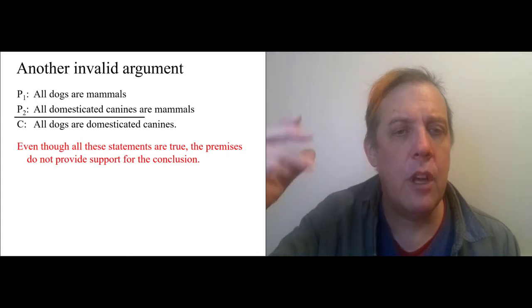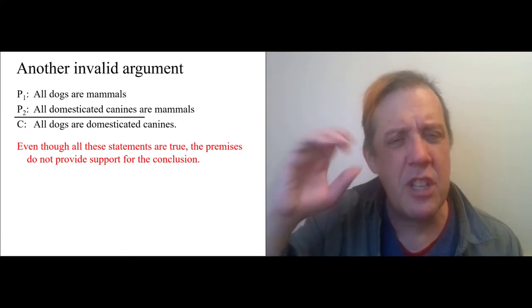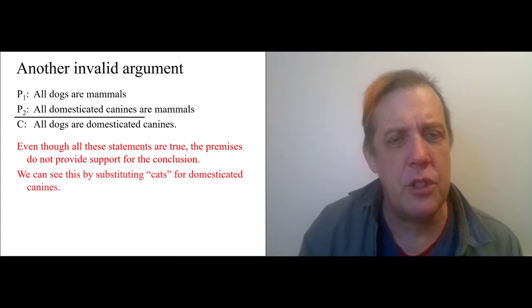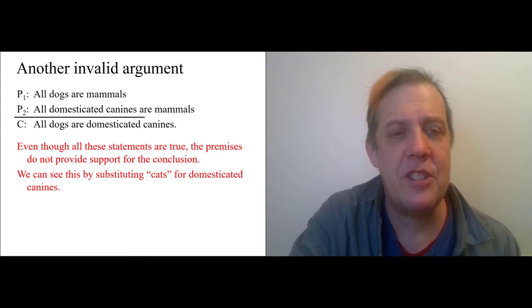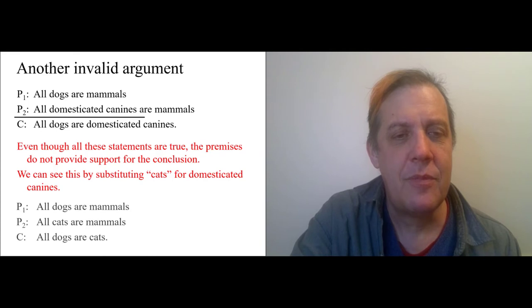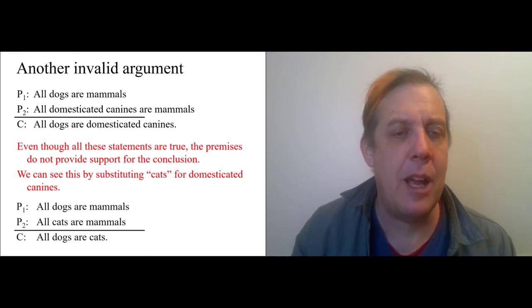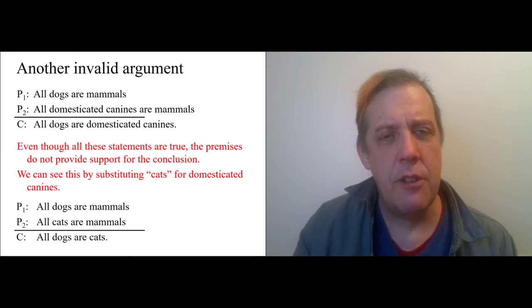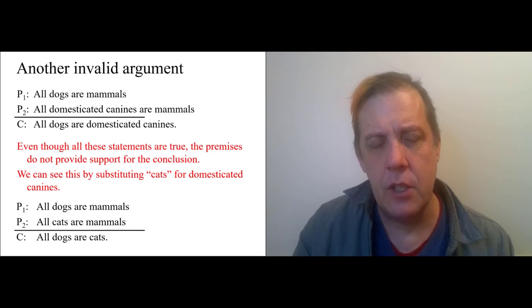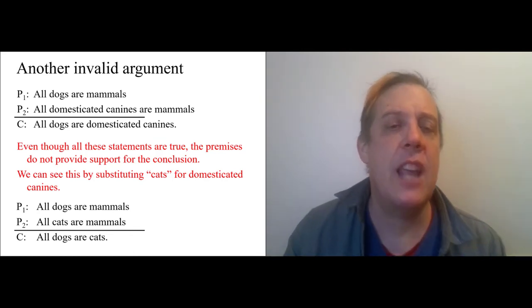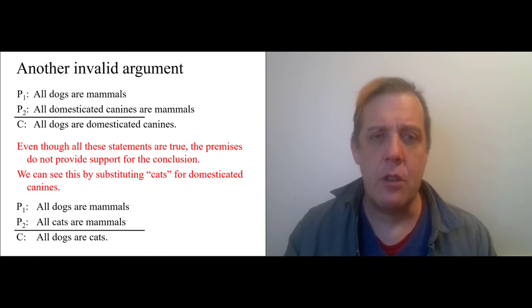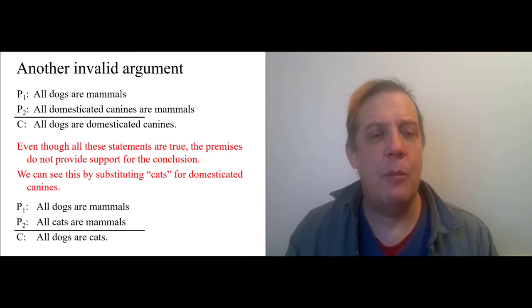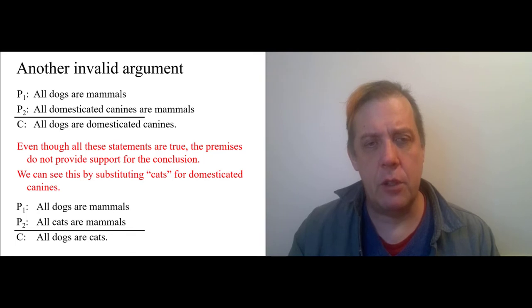So, even though all the premises are true, they actually don't provide support for the conclusion. And we can see this by substituting cats for domesticated canines, right? All dogs are mammals, all cats are mammals, therefore all dogs are cats. Suddenly we have the same argument structure, but true premises and a false conclusion.